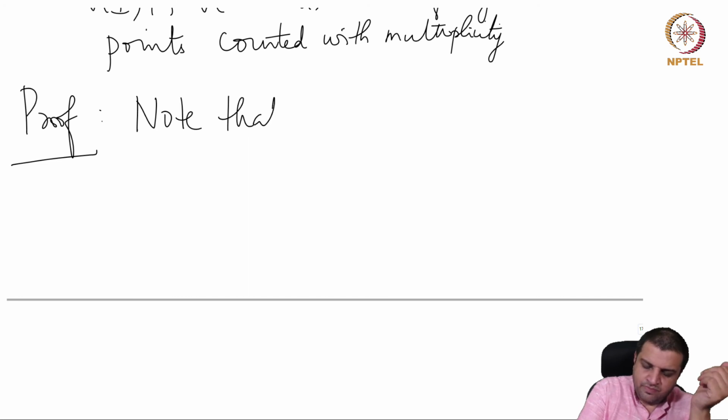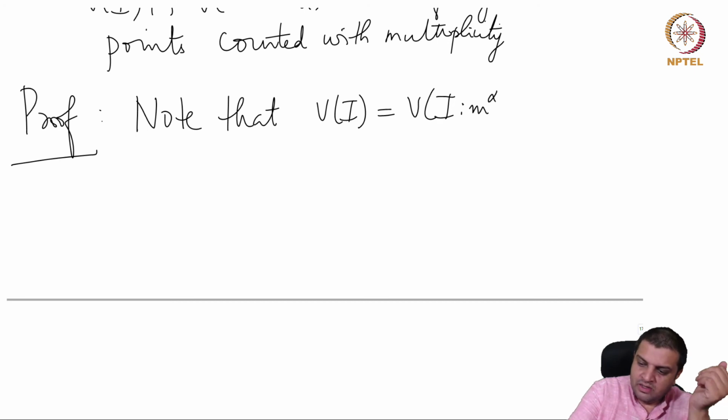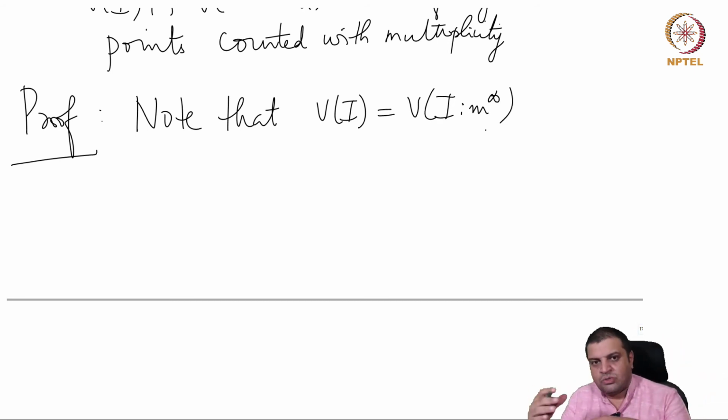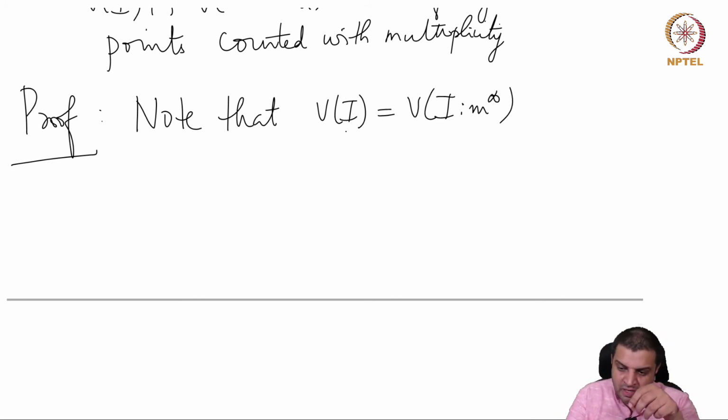Note that V of I is the same thing as V of I colon M infinity, meaning we saturated out the component of M. This is the observation that any homogeneous prime ideal which contains I, where I is a subset of this thing: if a prime ideal contains this, and the maximal ideal multiplies something to 0 in that thing, then the maximal ideal will multiply it into the prime ideal.